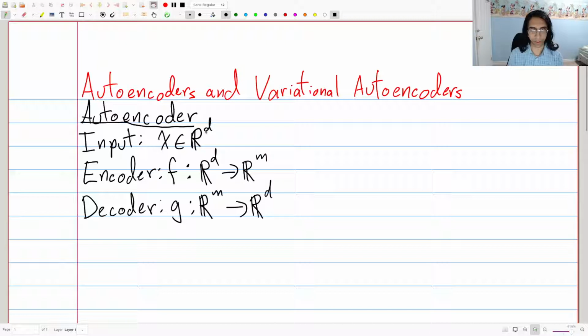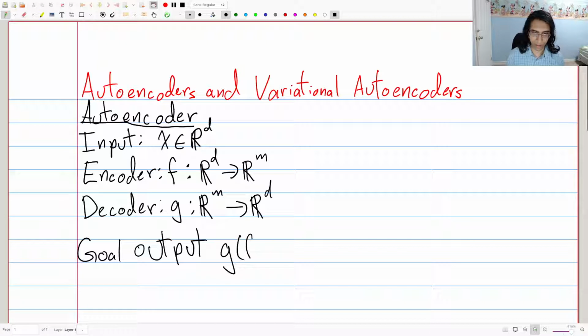So you can see we start with some input dimension, and then we take our input and map it to some other dimension, and then we map from that other dimension back to the original dimension. So you can see how the dimension changes and goes back. And our goal is to output that g of f of x is equal to x.